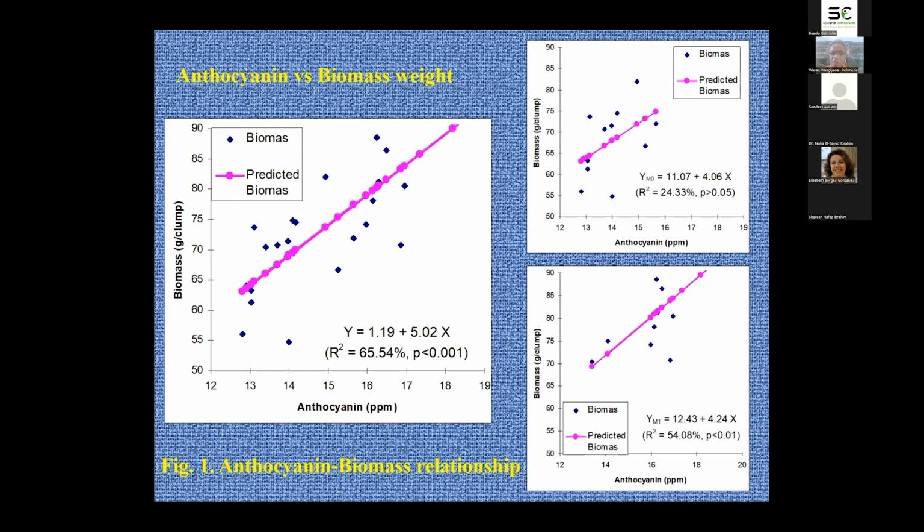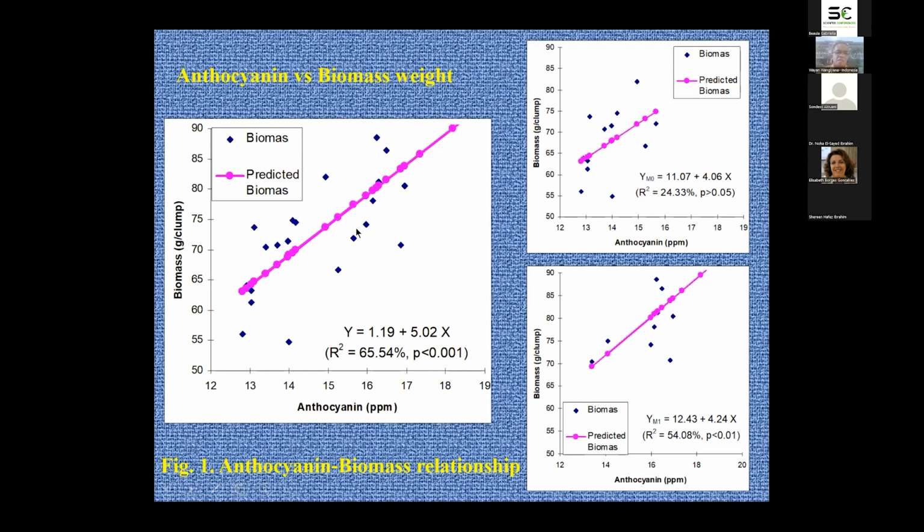And also higher panicle number because of the mycorrhiza biofertilizer application, and because of that anthocyanin also increases.